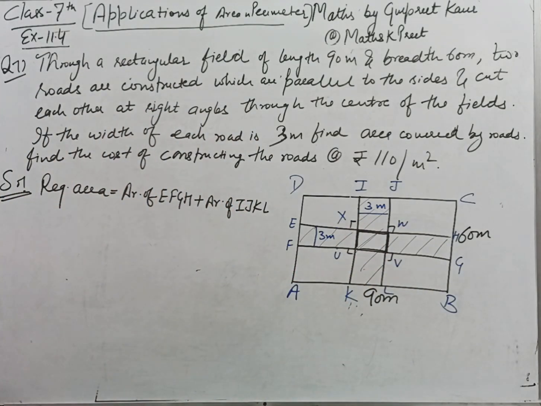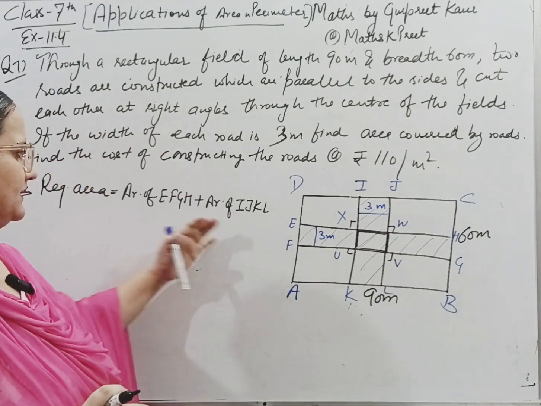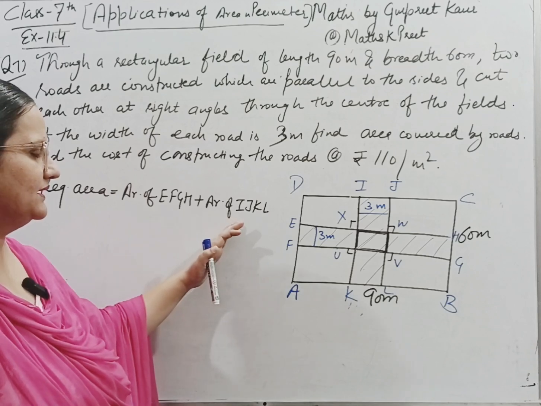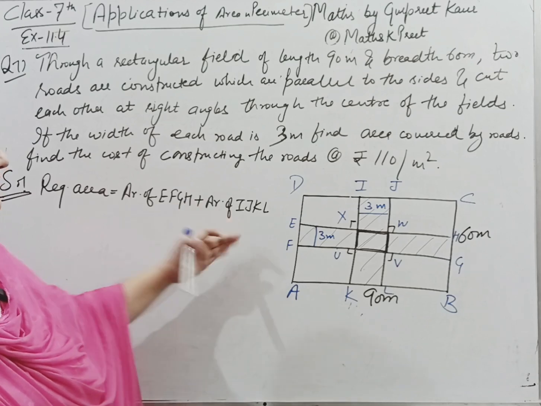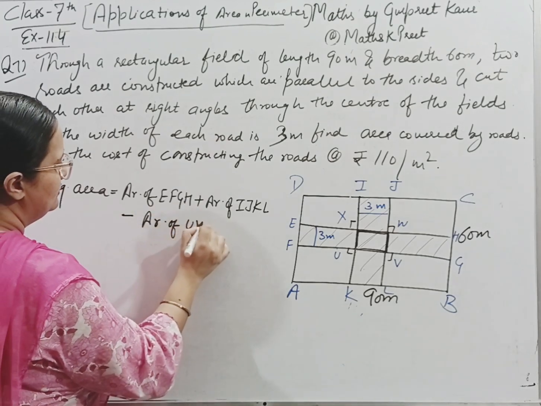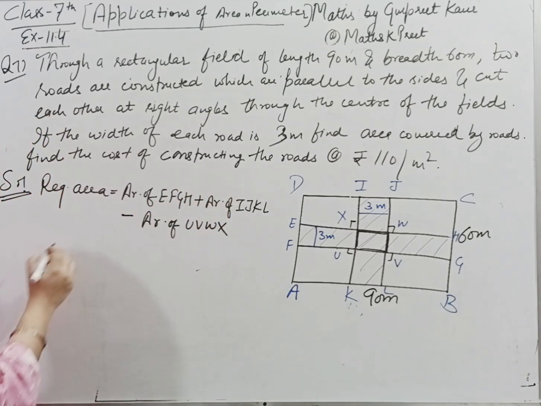In this area I am getting the area of UVWX, and in this area again the area of UVWX. So I will subtract the area of UVWX once from this complete area to get it a single time.